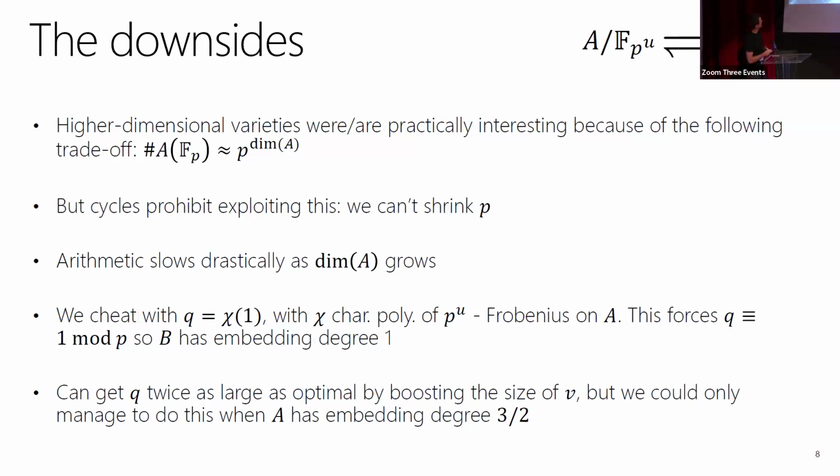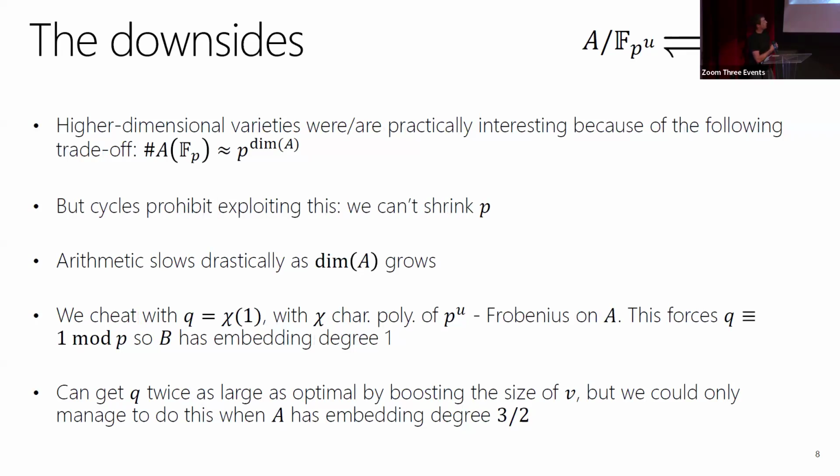Because if we look at invoking high dimensional varieties, the reason that they were interesting before, outside the context of proof systems, in classical ECC and hyperelliptic curve cryptography, was because as the dimension goes up, we get a lot more group elements.